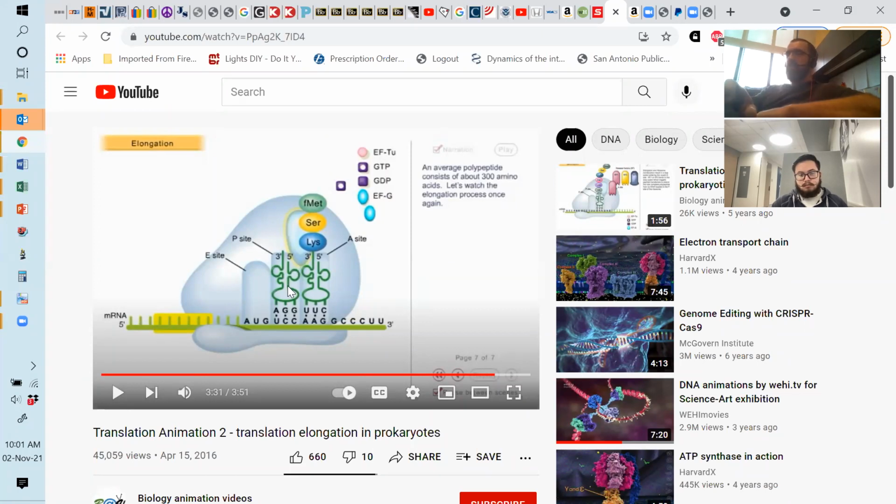This discharged tRNA will be in the E site. This will be in the P site. And then there'll be another tRNA come in which recognizes the GCC. And that will happen over and over again until the ribosome hits a stop codon.